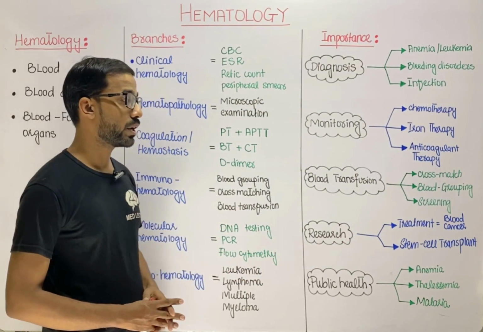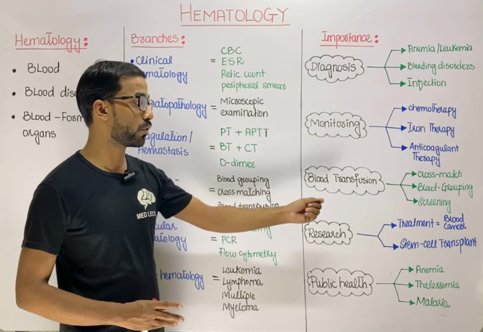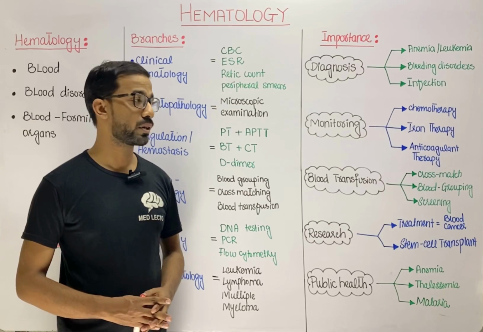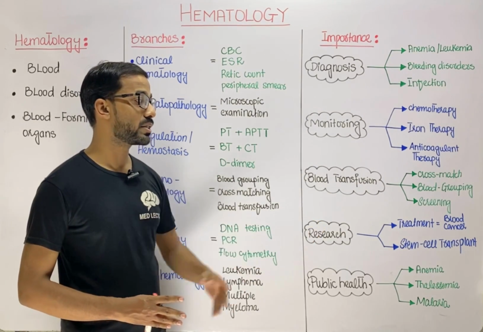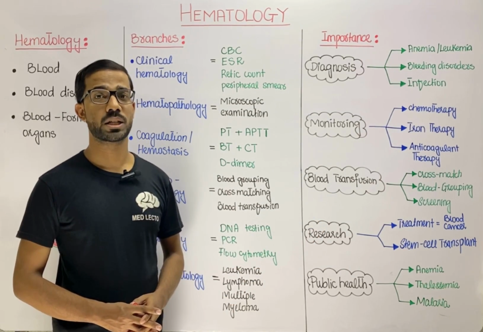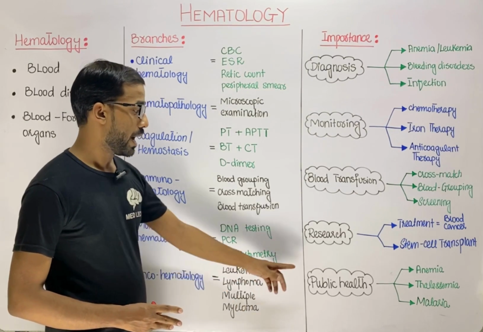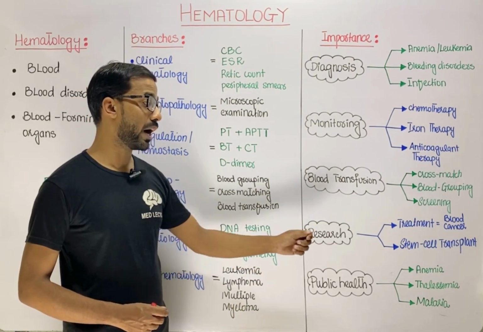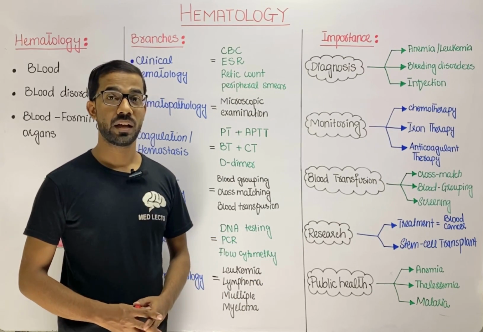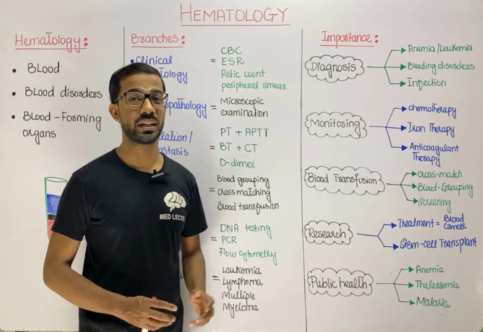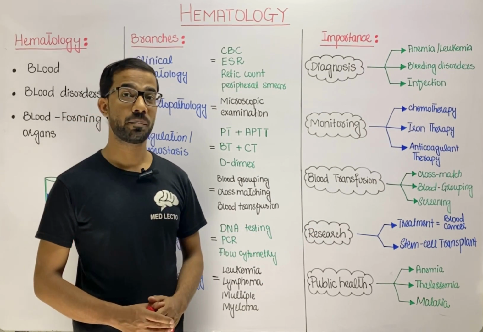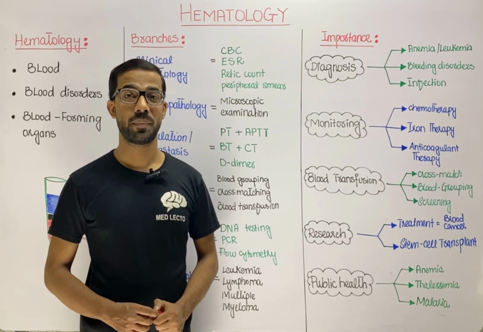In research, you will see the development of different drugs for the treatment of blood cancers, and stem cell transplant and bone marrow transplant. Public health: we can check for anemia, thalassemia, and malaria, which is important in the diagnosis of these conditions by just doing a blood test.